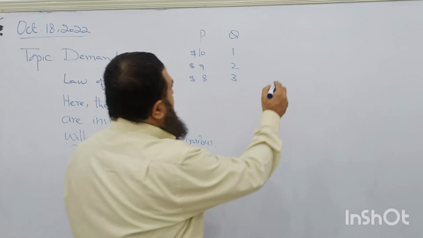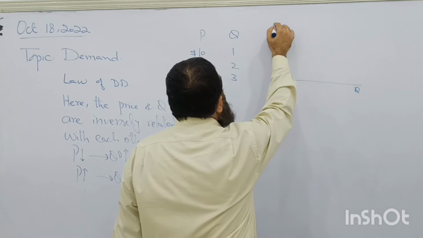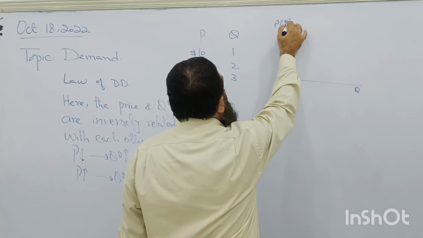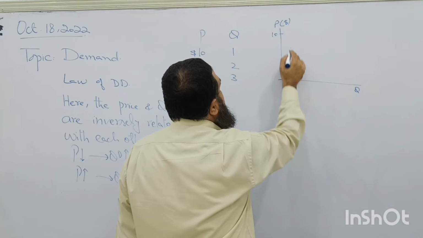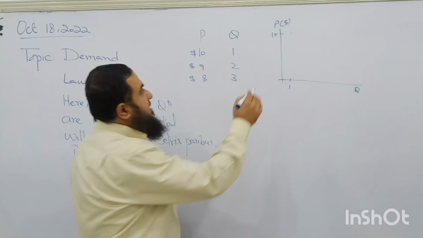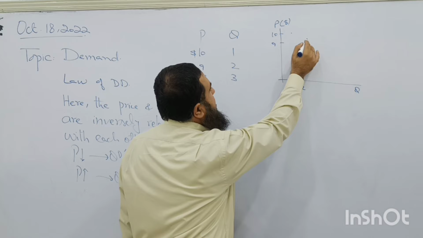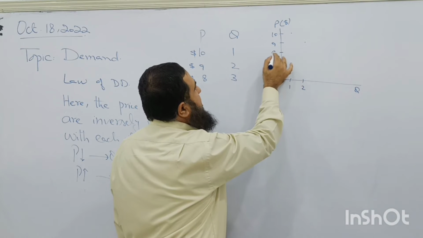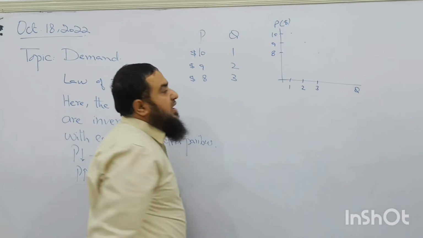So if I draw it over here, I am taking price in terms of dollars. At $10, how many units are demanded? First unit. At price $9, how many units are demanded? 2. At price $8, 3 units are demanded.